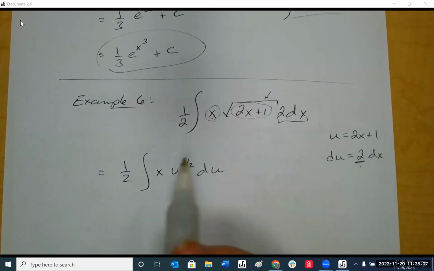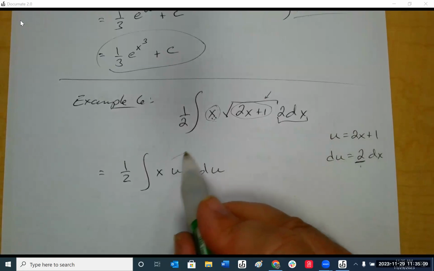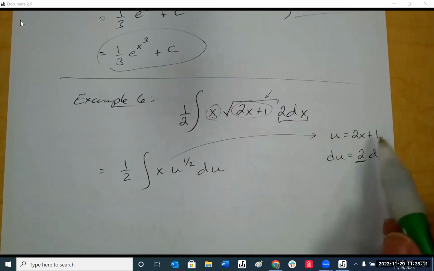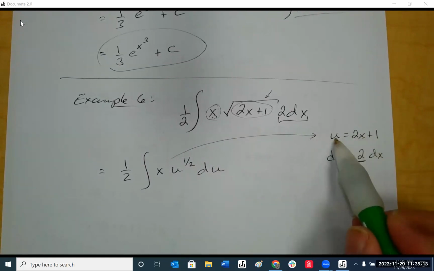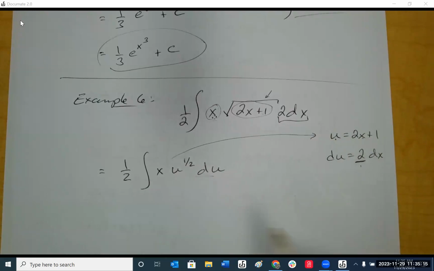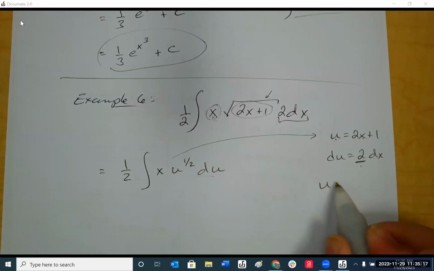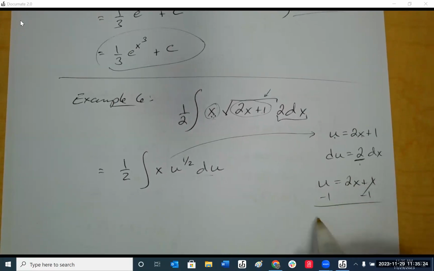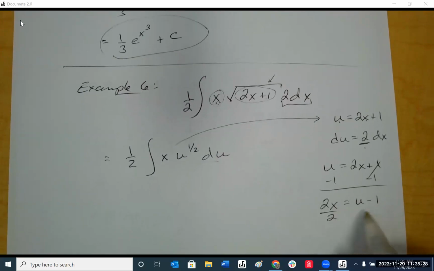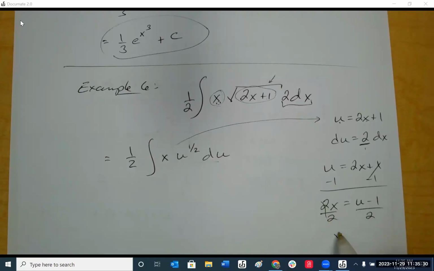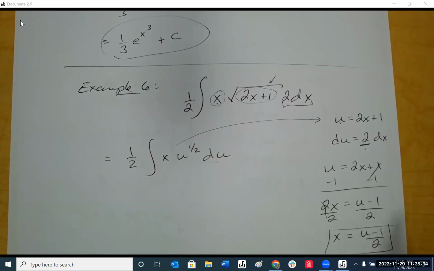Everything else works great. So what we have to do is go back over here and solve for x in terms of u, since that's the only thing we have here is u. Since u equals 2x plus 1, 2x equals u minus 1, divided by 2, so x is u minus 1 over 2.